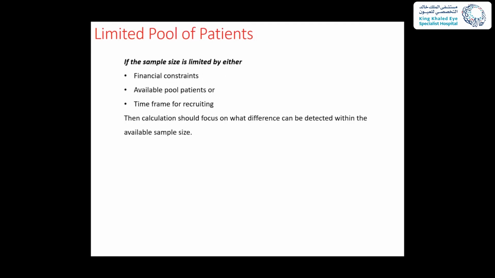The sample size could be limited by financial factors, by the available pool of patients, or by the time frame for recruiting. If this happens, money-wise, if we need more money to recruit, we have to assure the funding before the start of the study.